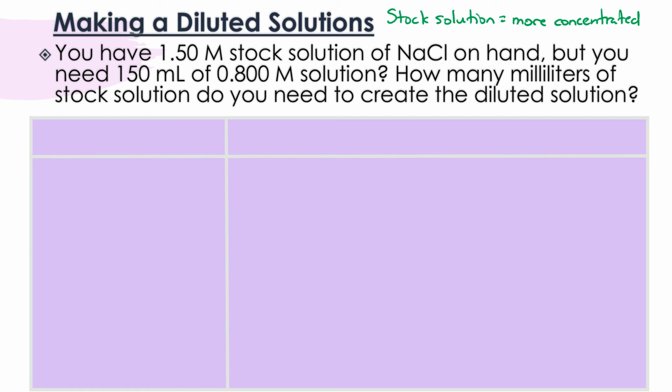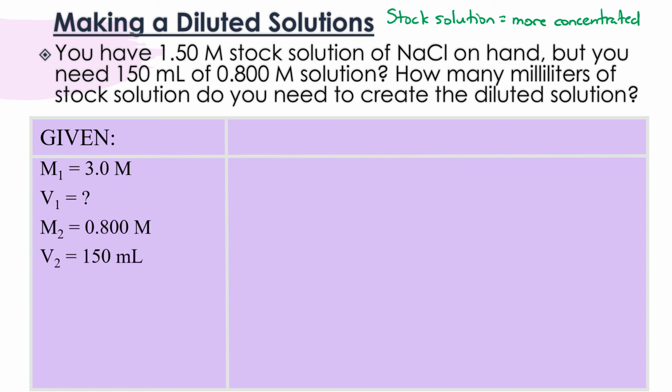I always use my stock solution as my first value. So given my stock is the more concentrated one, M1 is my stock, 1.50 molar. I'm solving for how much stock I need to use in order to make my diluted solution. My diluted is my 2's, M2 and V2 respectively.